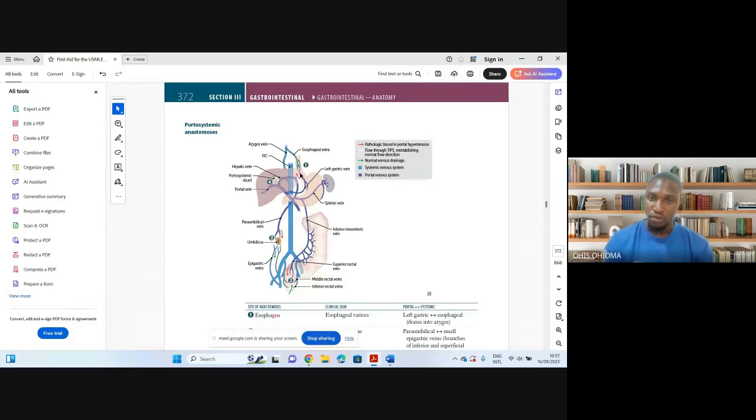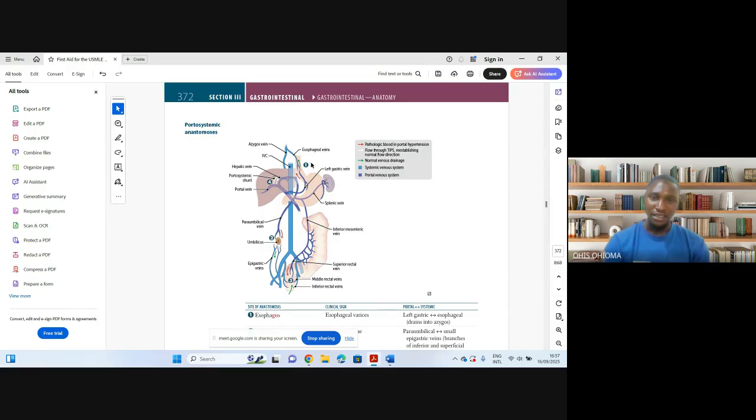And what does that do? Ideally, the portal vein takes like 80% of the blood to the liver. So that tells you how significant it is. If it takes about 80%, it means all its tributaries, all the veins that bring blood to the liver, take a large amount of blood.